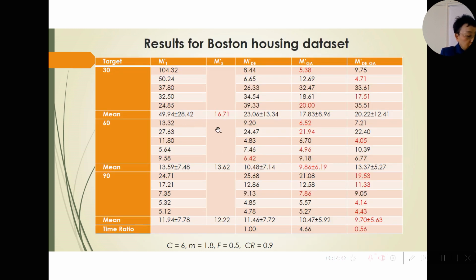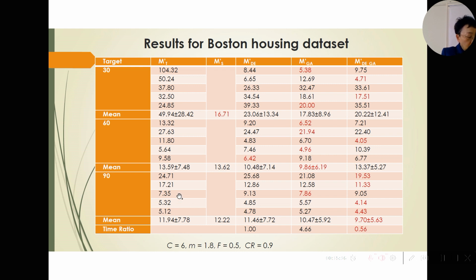This table shows the results of 5-fold cross validation for each trial, including the RMSE, mean, and standard deviation for various target data sets, and the ratio of the average computation time.